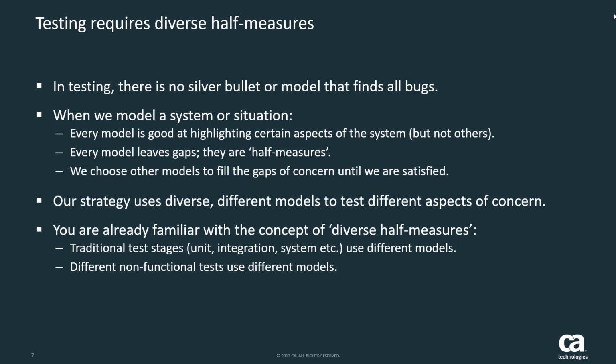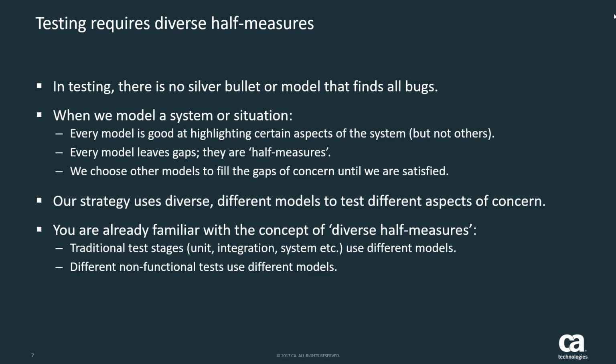So every model leaves gaps. Every model is a half measure, if you like. So we need to choose a range of models that cover the gaps across each other. We choose models to fill the gaps of concern until we're satisfied. So our test strategy uses diverse, different models to test different aspects of concern.